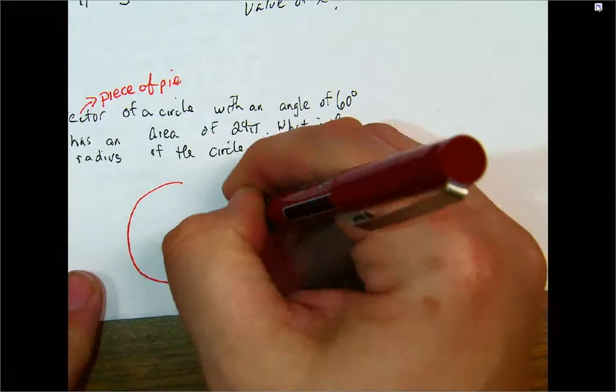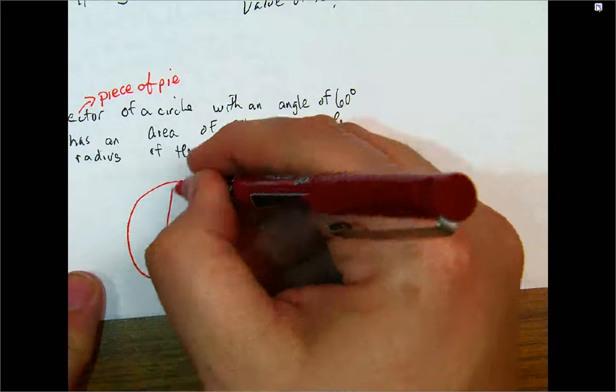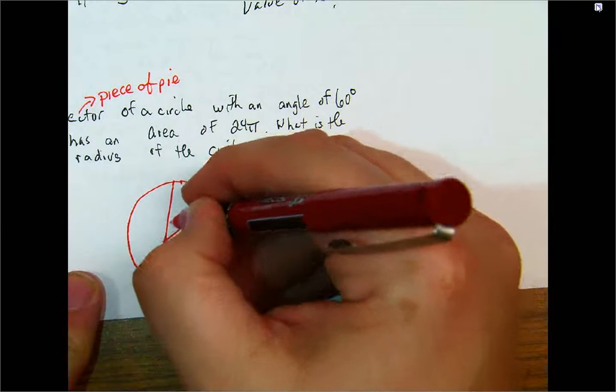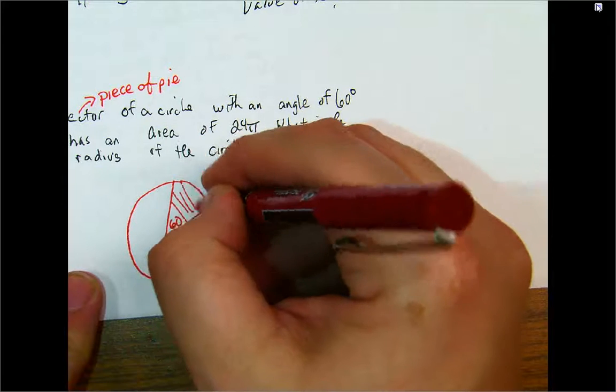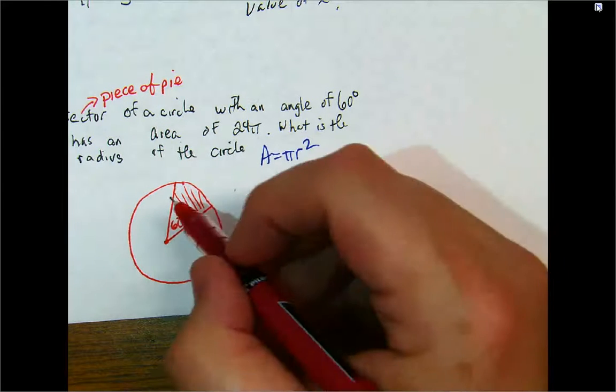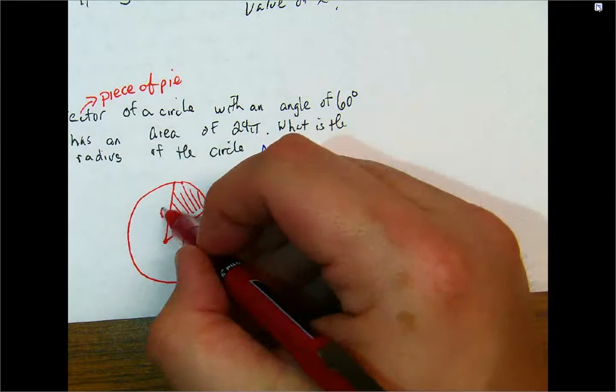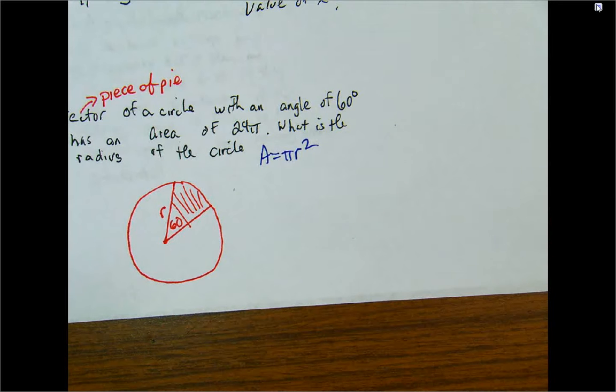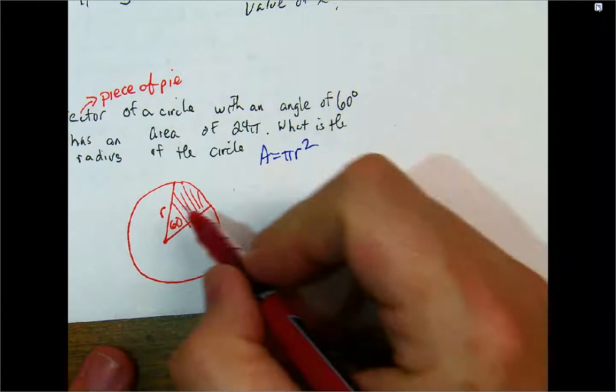That's 60, but we're talking about the whole thing. Now, do we know what the radius is? We don't know what the radius is, but we know what the area is. It says the area of the sector is equal to 24 pi.